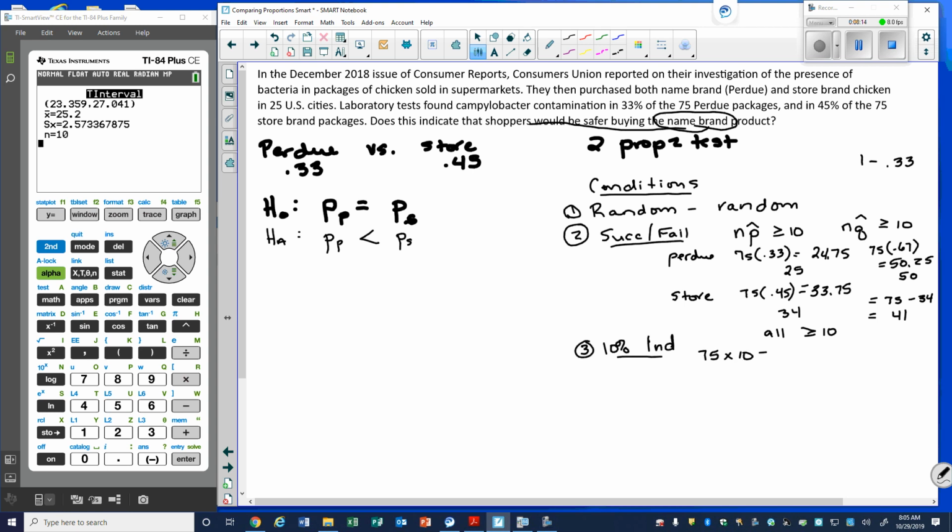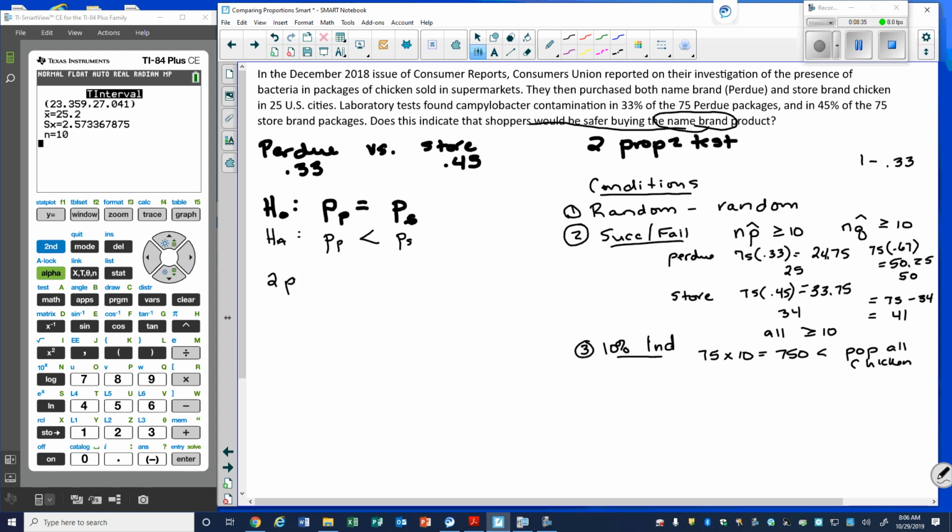If I multiply that by 10, I get 750. And I do believe that's less than the population of all chicken packages that I could look for. We definitely have more than 750 chicken packages that we could choose from. So I am convinced that I am okay to run this test.